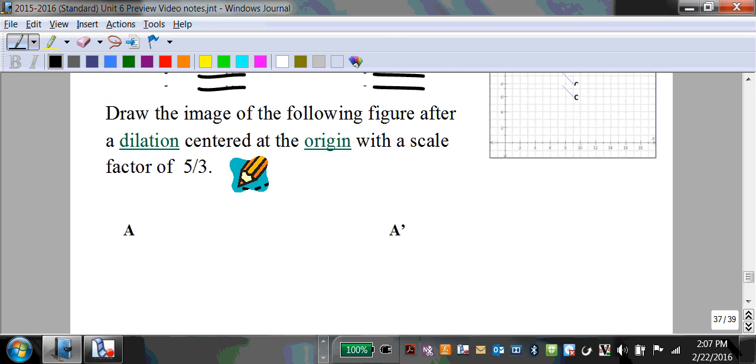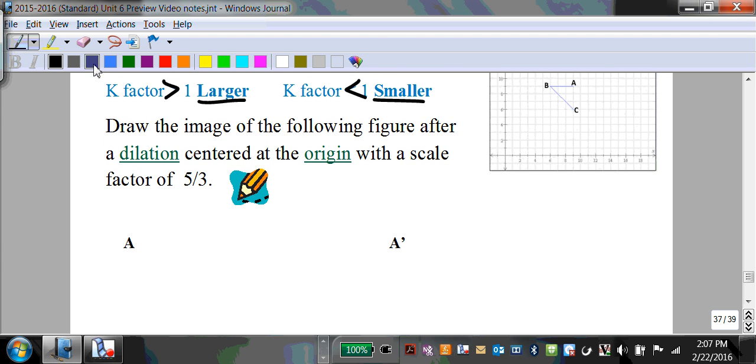Let's get those coordinates. A is sitting at, what is that? At 9, 9?